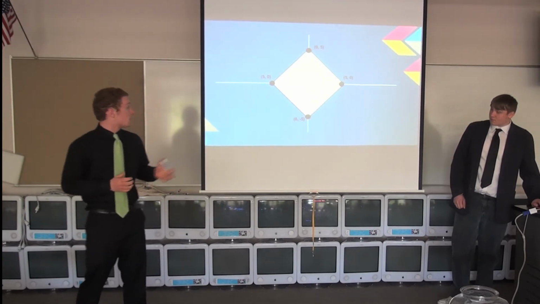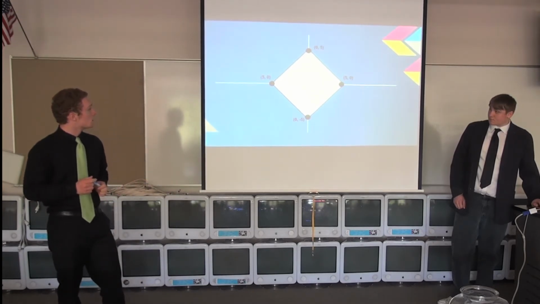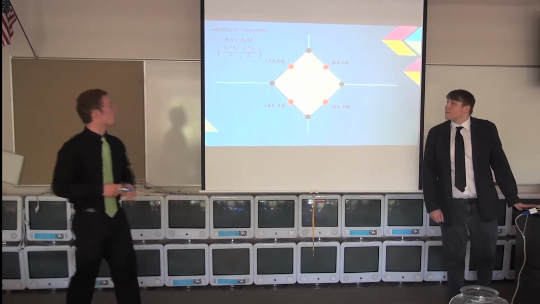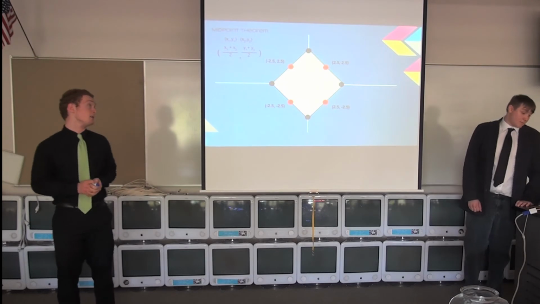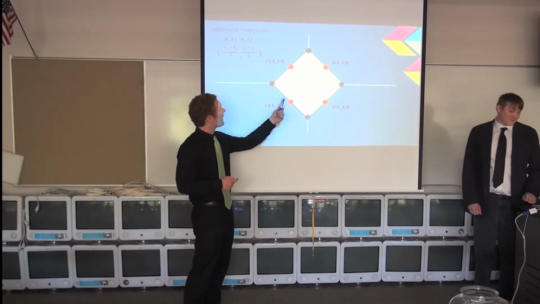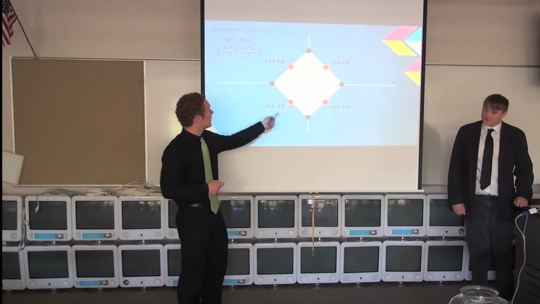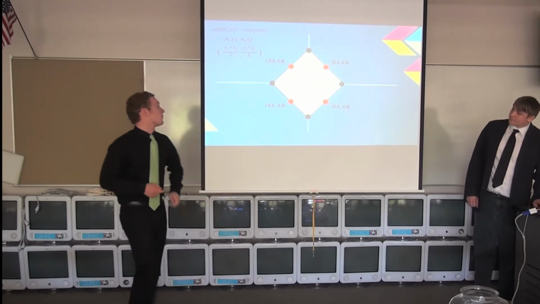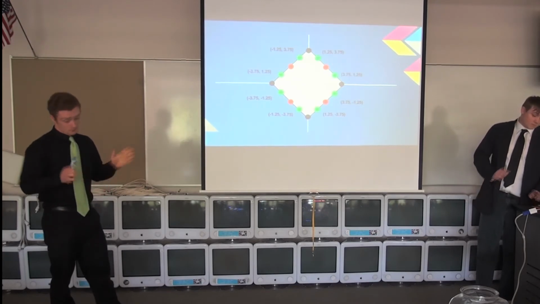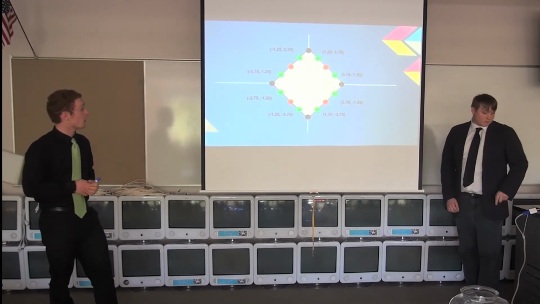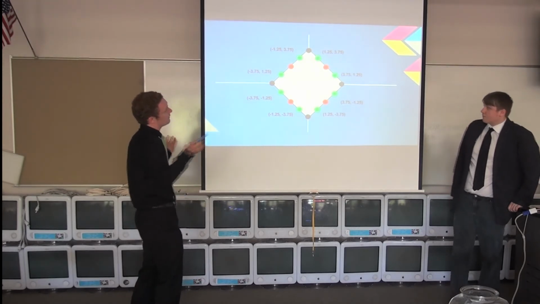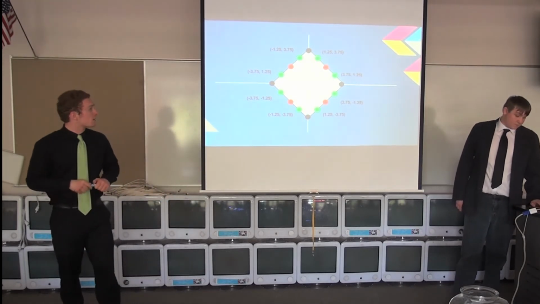To find that, we would use the midpoint theorem, which is just basically simple math. This is something we could have done in 7th grade. So 2.5, 2.5, 2.5, negative 2.5. You can see these 4 points are created and placed there. Then you do it again here, and 3.75, 1.25, 1.25, 3.75. You get the idea.